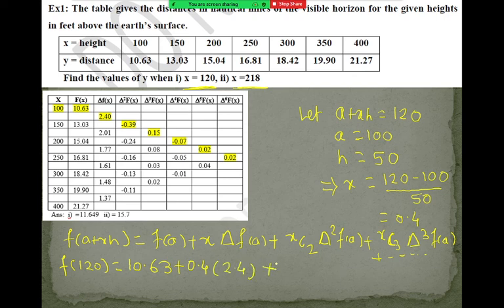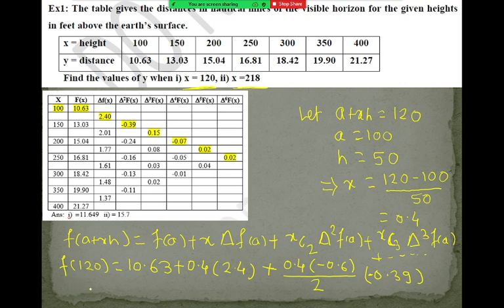xC2 now. That is x into x minus 1 upon 2. What is x? 0.4. What is x minus 1? Minus 0.6, upon 2 factorial. 2 factorial is just 2. And delta square f of a will be minus 0.39. So this is the third term.